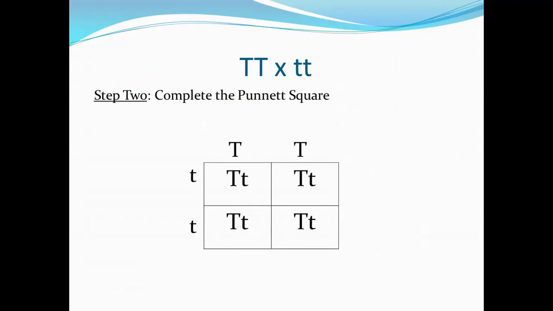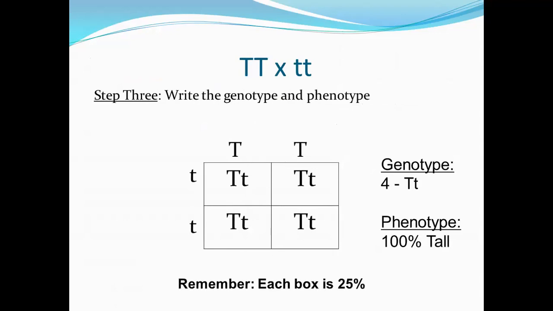So how are you going to interpret this? These are your genotype. So you have all the same. So you're just going to write 4, because they're all the same, and the phenotype is 100%. Each block right here is 25%, and they are all 100% tall.